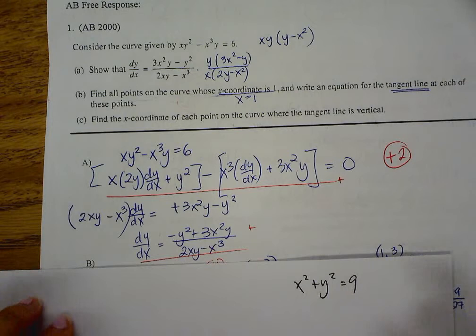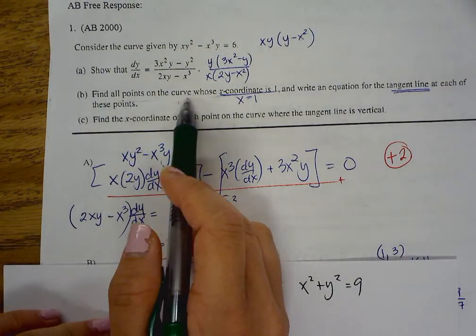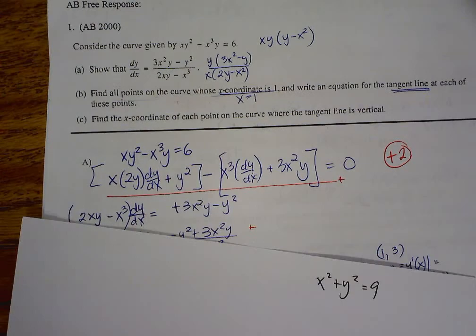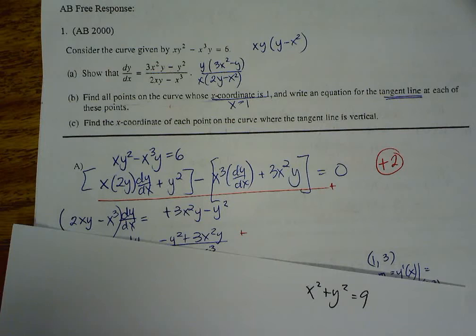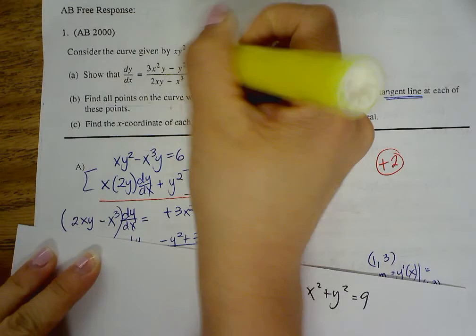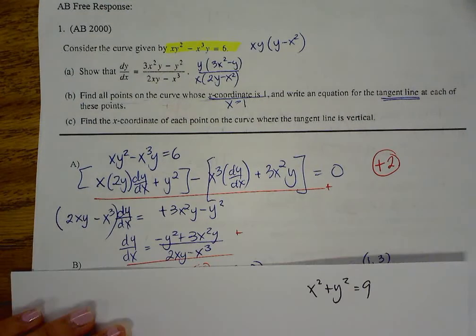It says find all points on the curve. Which curve? This curve, right? The original curve. Find all the points on that curve. By the way, can I call this f of x? No, because it's not a function, not necessarily a function, right?